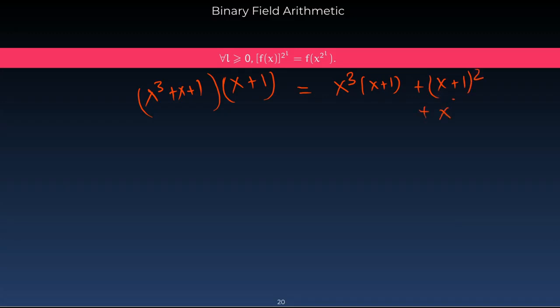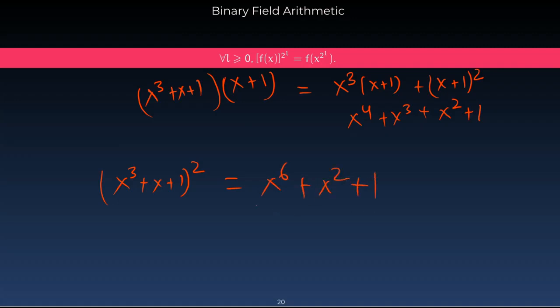According to our result, this is going to be x square plus 1, and this can easily be done: x to the power 4 plus x cube. Let's say you have to simply square x cube plus x plus 1, then this will be equal to x to the power 6 plus x square plus 1. It's very easy to do this. If we know this result, then manipulation becomes very easy.